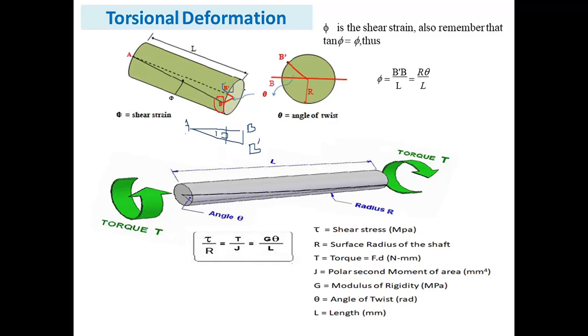Here, the arc BB dash is r theta. This is the radius r, and the respective angle is theta. So the arc length is r theta. So BB dash is nothing but r theta.